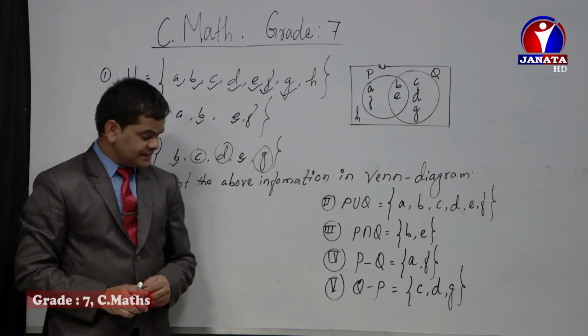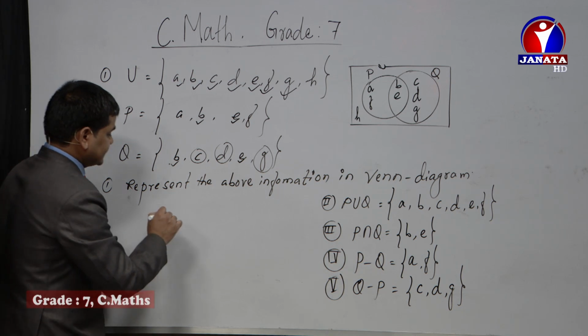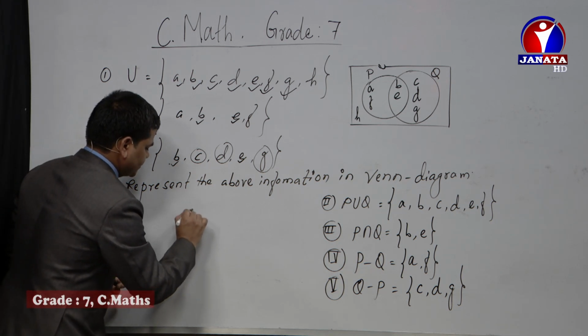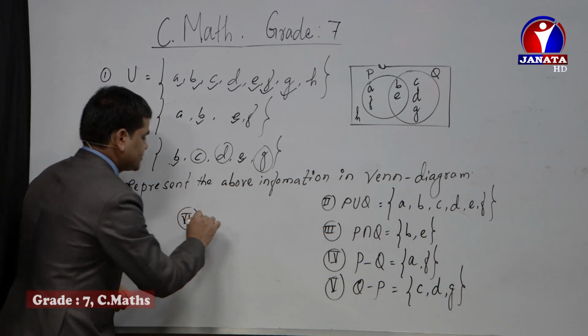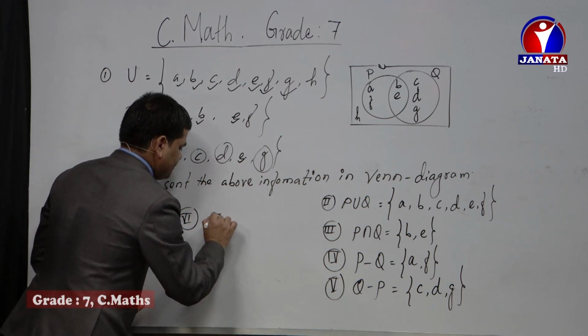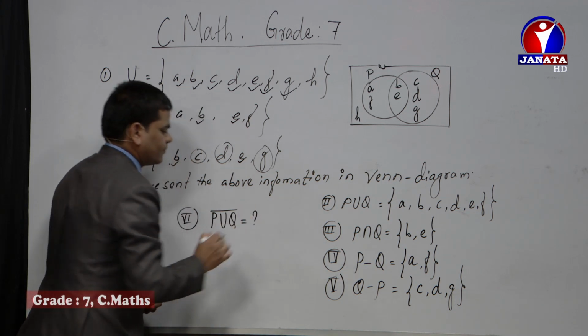So this is the way of finding the answer. Once again, dear friends, let's take another question, the 6th number question. If the question says to find P union Q complement, what will you do?